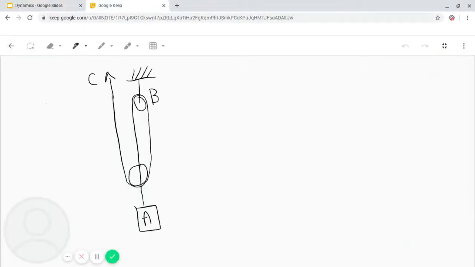I already have the diagram here. I'm just going to draw this in terms of a datum and a reference point. I'm just going to redraw it quickly here.